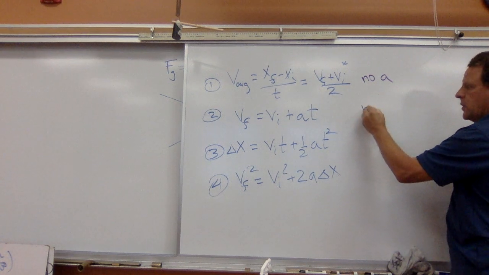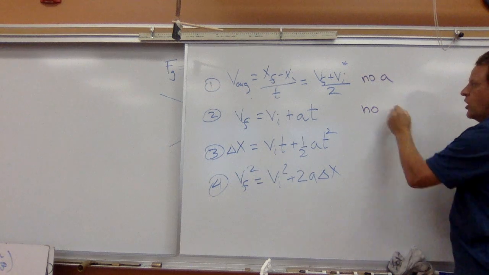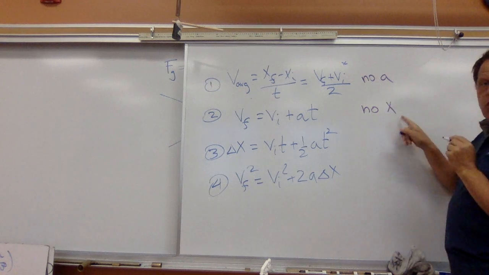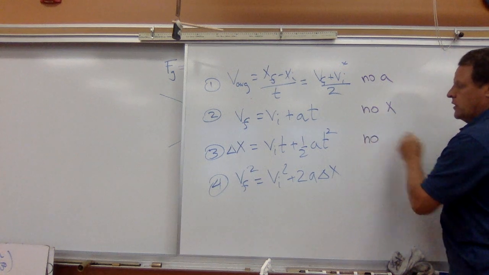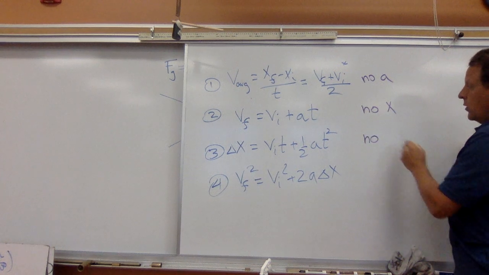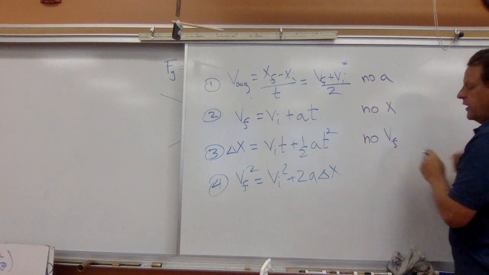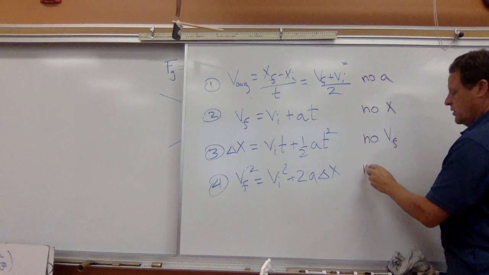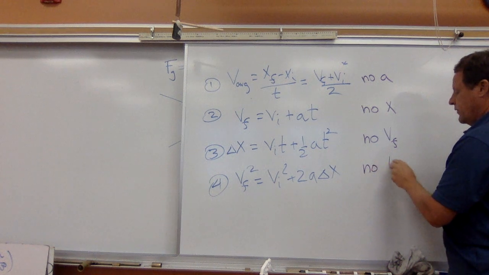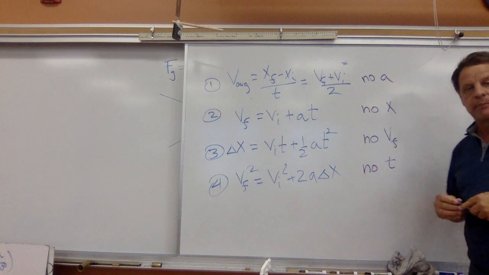And for the second equation, there is no x. There's no displacement. And in this third equation, there is no final velocity. And in this last equation, there's no variable for time.